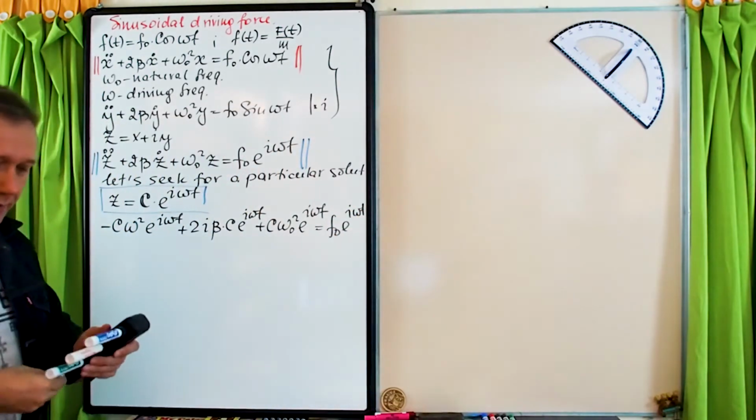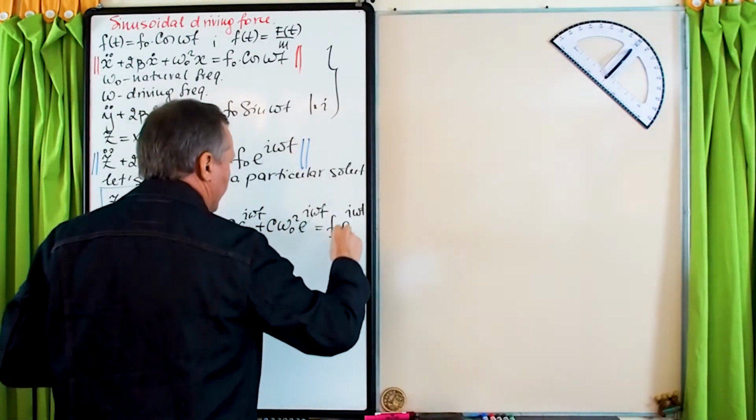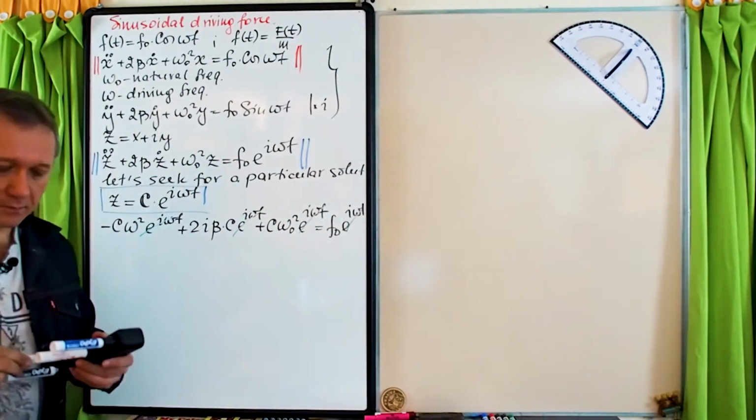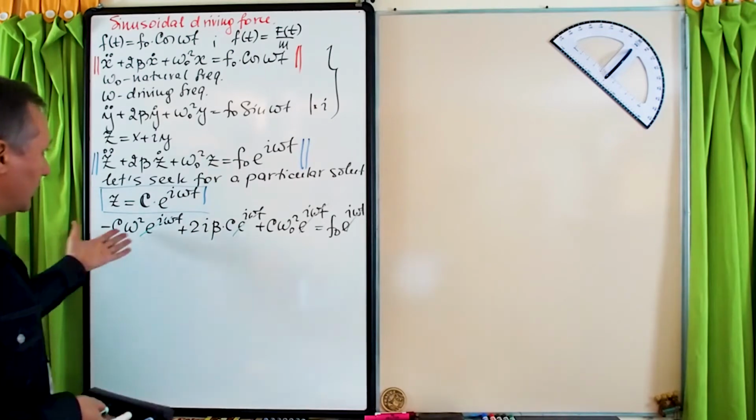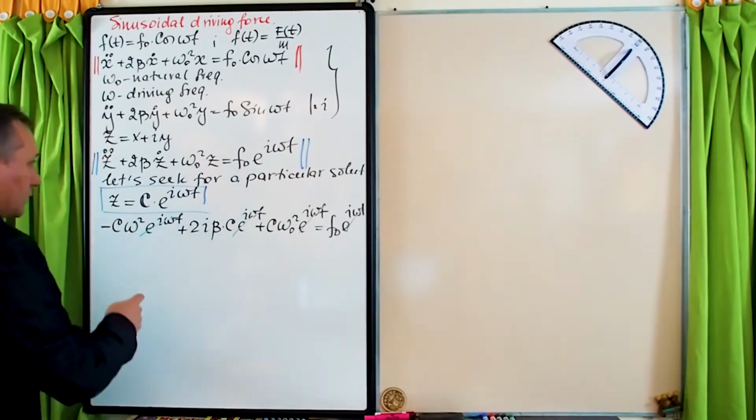Of course, the exponential factors can be removed. And as a result, we need to find this undetermined constant c. So let's just solve that.